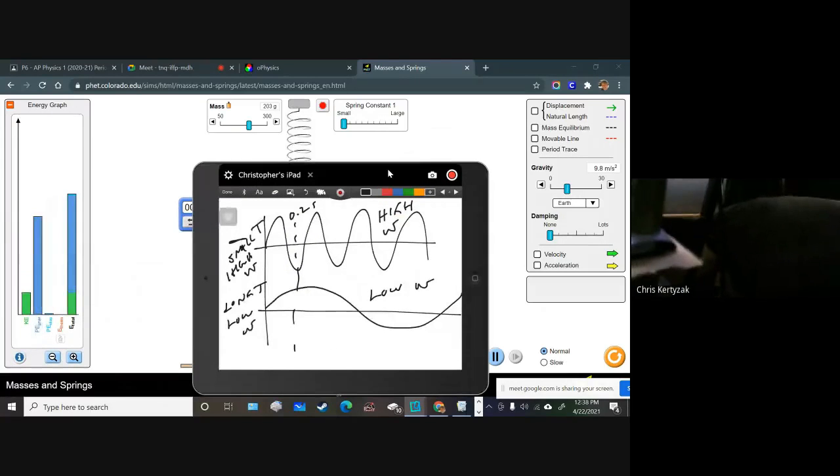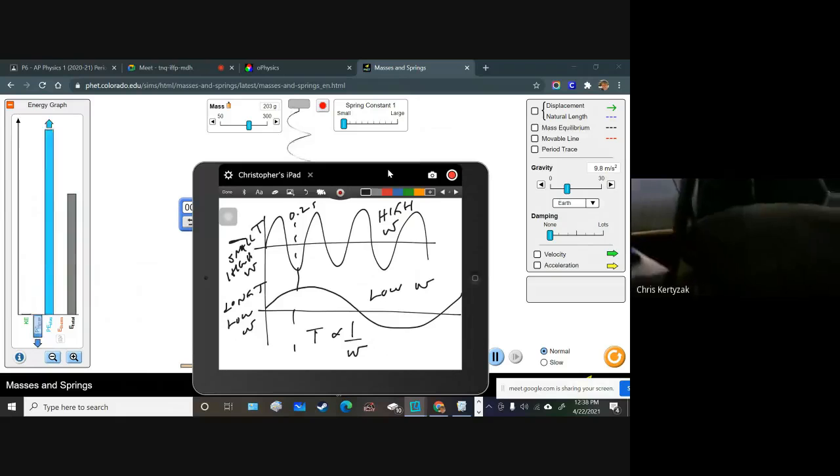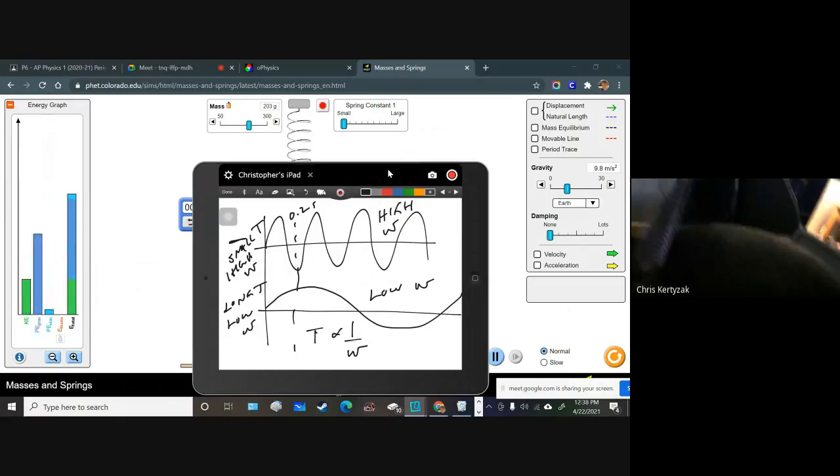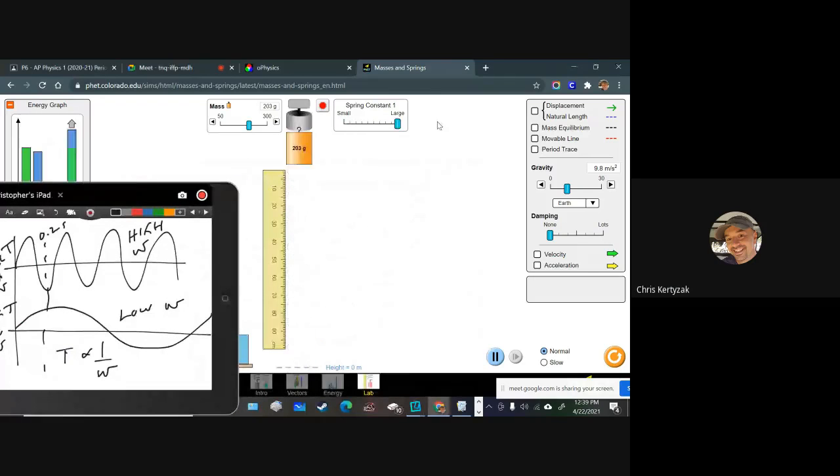So notice that there's an inverse proportion there. There's an inverse effect: when period is long, like we're seeing now, omega is low. On the other hand, when omega is high, going through cycles much more quickly than this, the period is small, right?